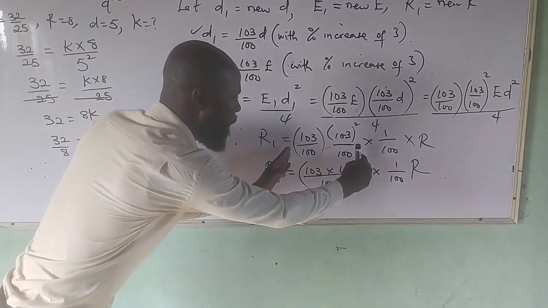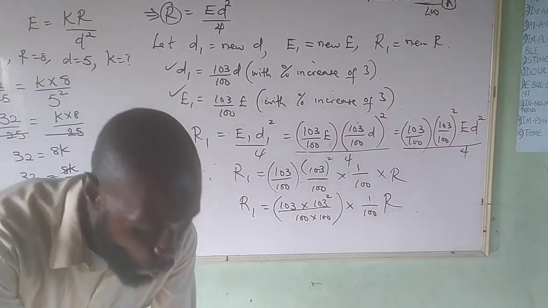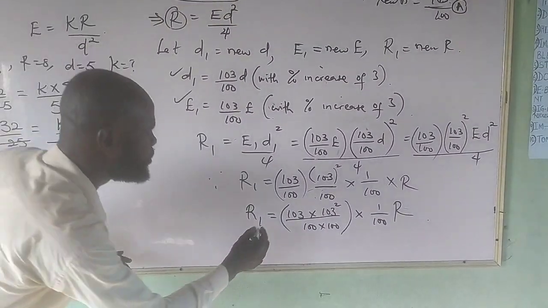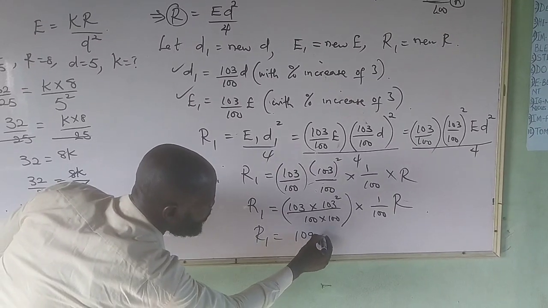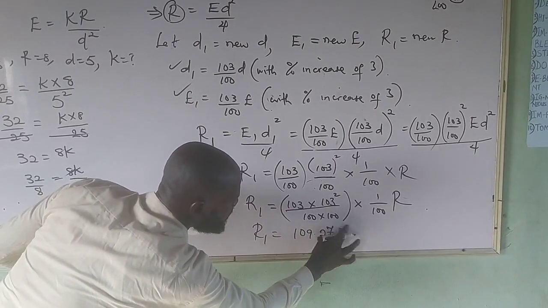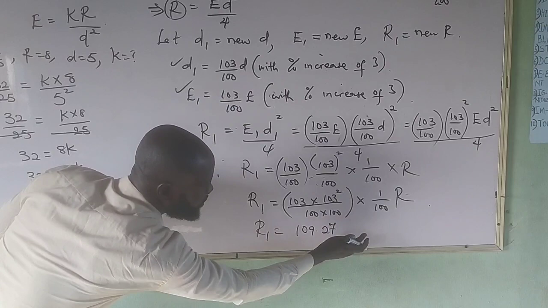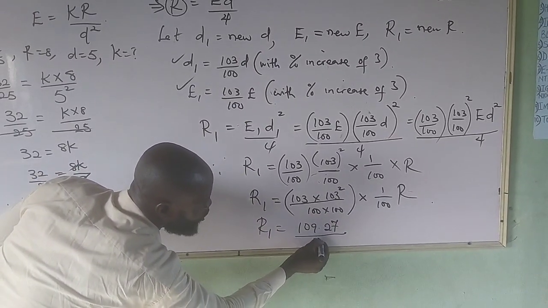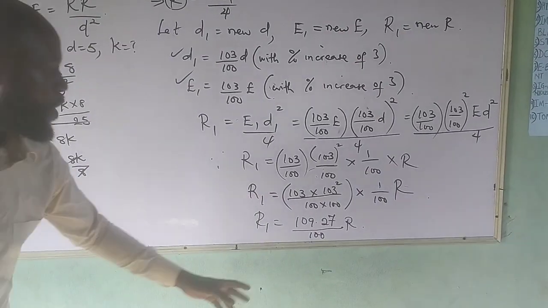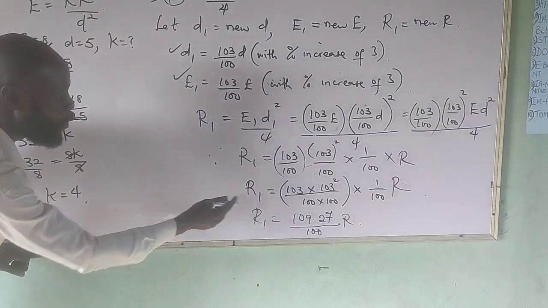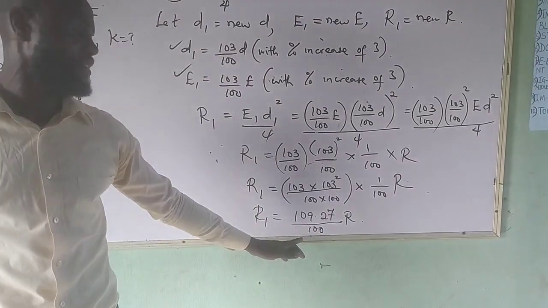So the whole of our expression in this bracket is 109.27. So I have R1 equals 109.27 times 1 over 100 of R. Anything over 100 is a percentage.